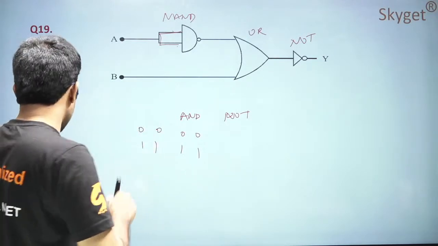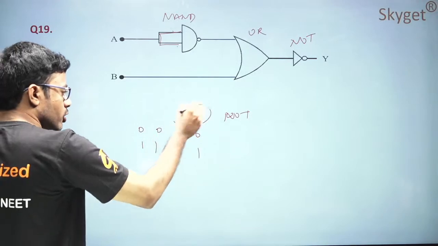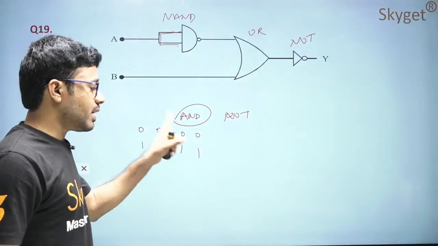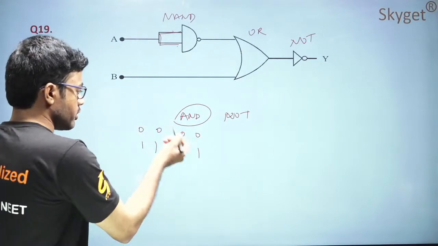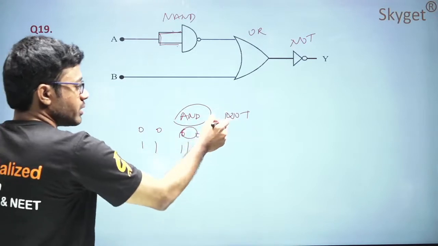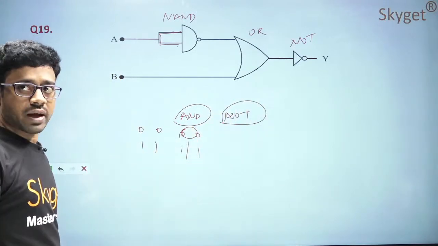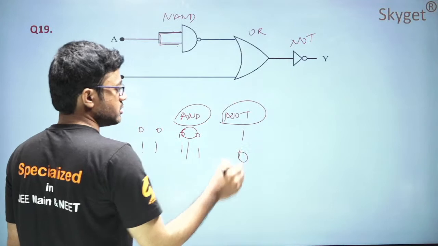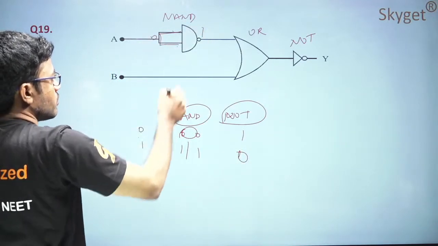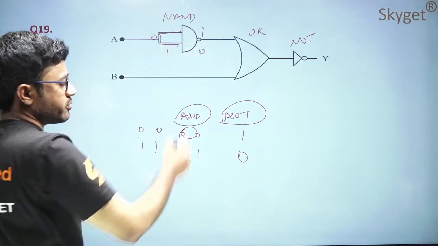So what are the values of the output when the two inputs are zeros and when they are ones? In case of AND, as AND is multiplication, 0 into 0 is 0 and 1 into 1 is 1, and you have to invert these two values. So it becomes 1 and 0. Simply, if you give it 0, it comes out as 1, and if you give 1, it comes out as 0.